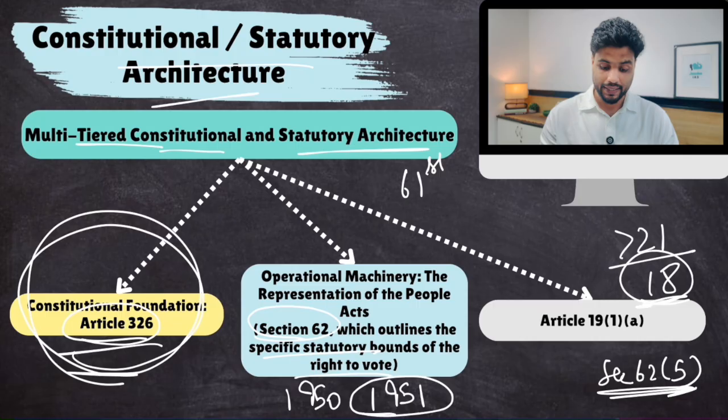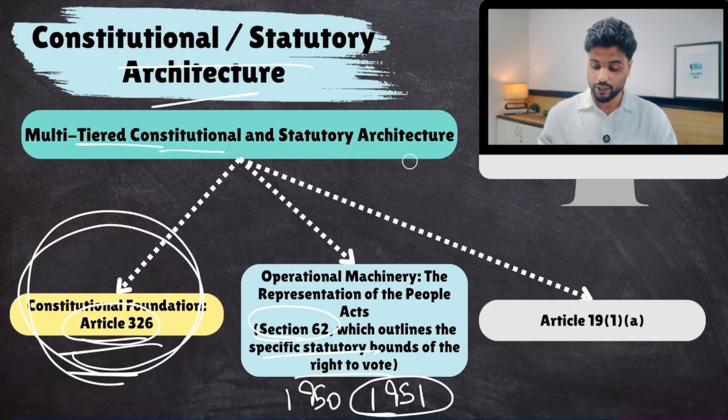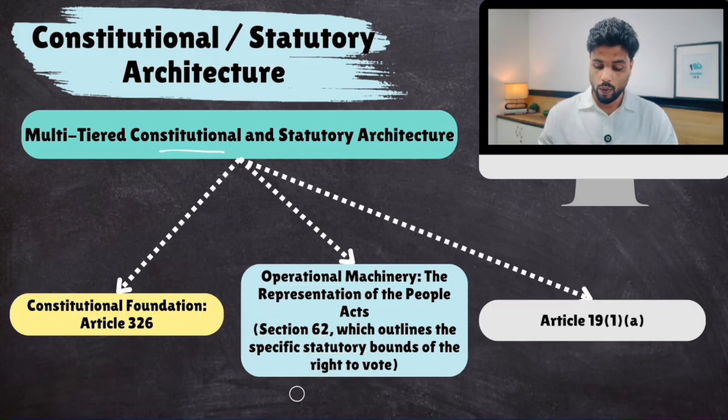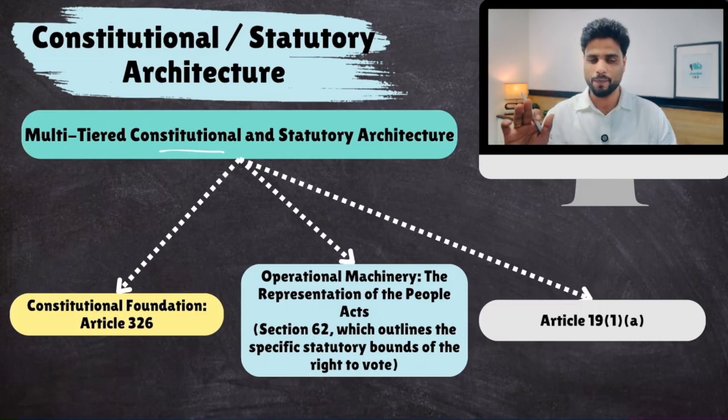But in certain Supreme Court judgments of the past, the right to vote was construed as part of Article 19(1)(a), which is the fundamental right to free speech and expression.